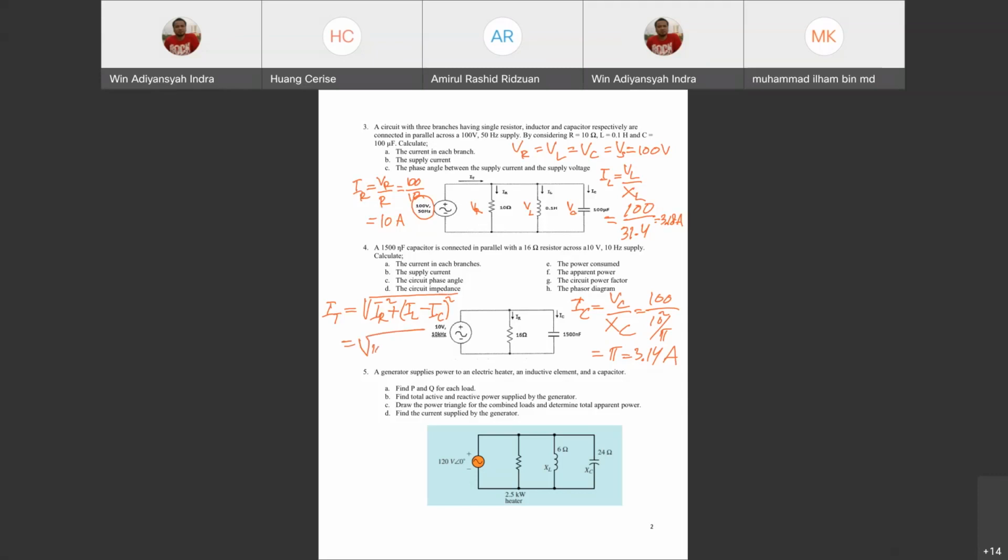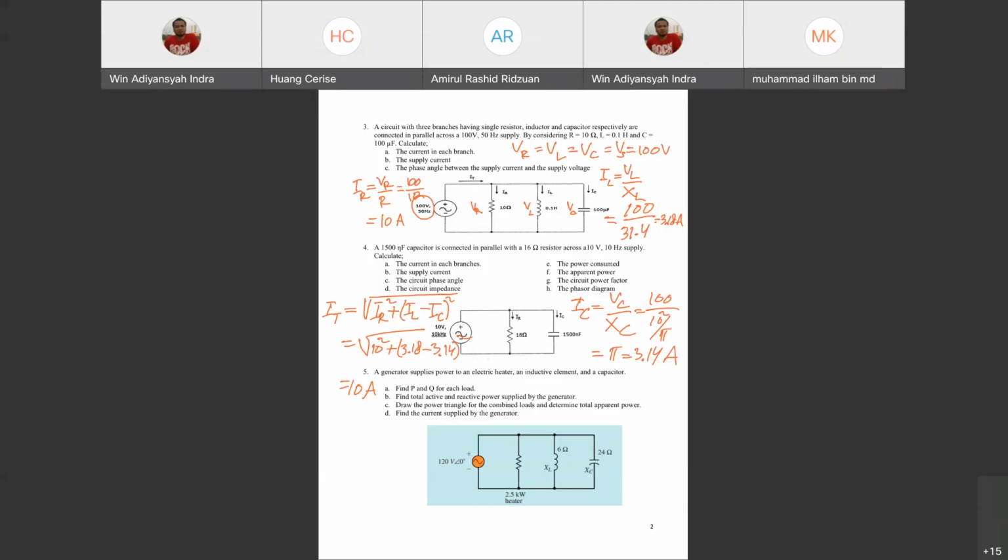So 10, 3.18, 3.14. You will get around 10 also, 10 and 10. That's for B.